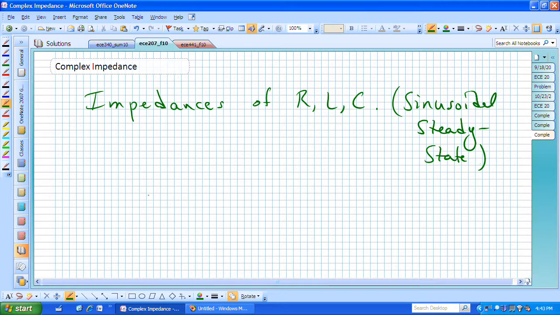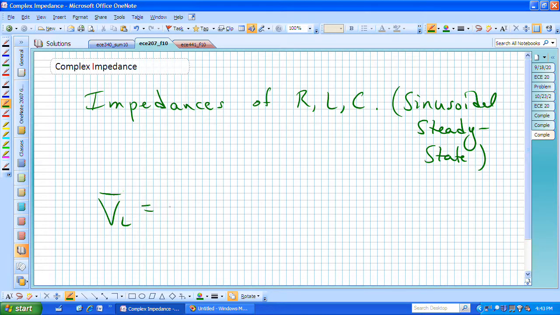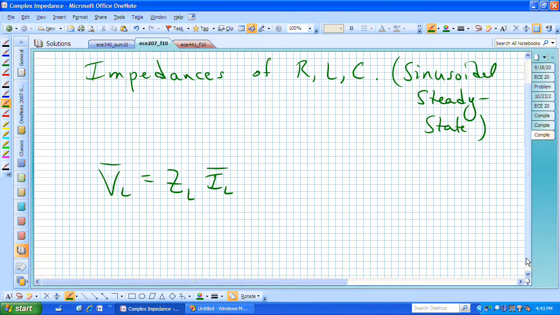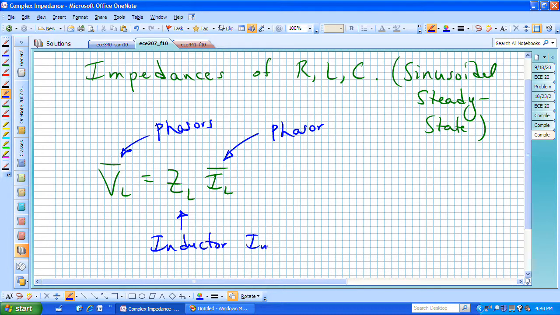What we want to do now is look at this generalization of Ohm's law for an inductor, where the voltage across that inductor is equal to its impedance times I sub L bar. By the notation that we're using, V sub L bar and I sub L bar are phasors, and in general, Z sub L, the impedance of the inductor, is going to be a complex number or a complex expression.